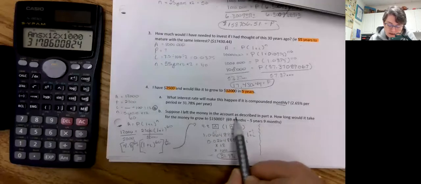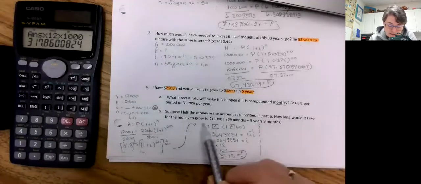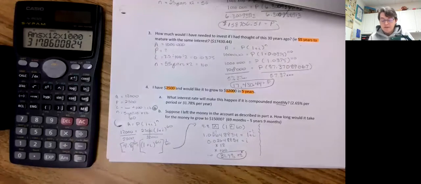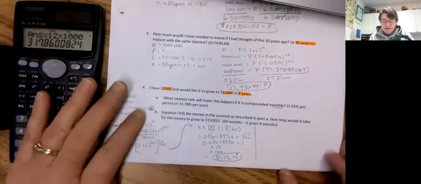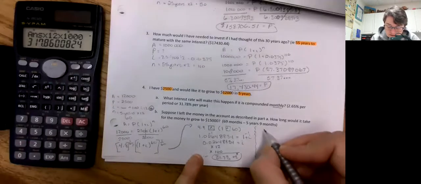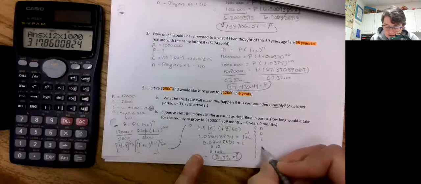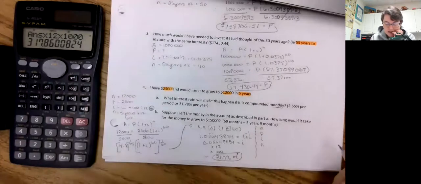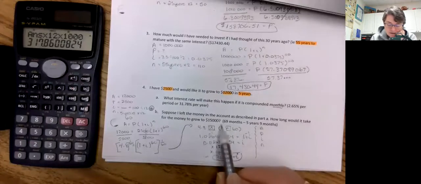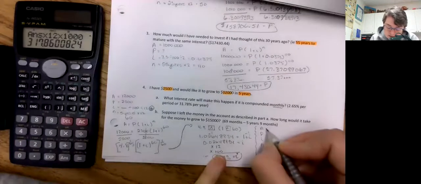Suppose I left the money in the account as described in part A. How long would it take for the money to grow? I really didn't leave myself enough room here. All right. So A, P, I, N. So the amount at the end is 15,000.